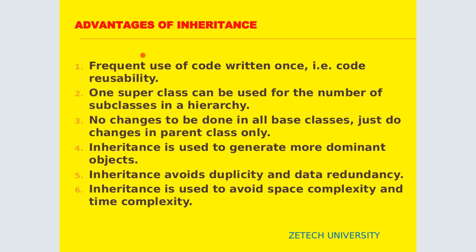Inheritance is used to avoid space complexity and time complexity. Very good. Remember, when your program is running, it is using what we call system resources. One of the system resources normally used by a program is the RAM, or what you call the main memory. Now, a program that is written with inheritance is small.